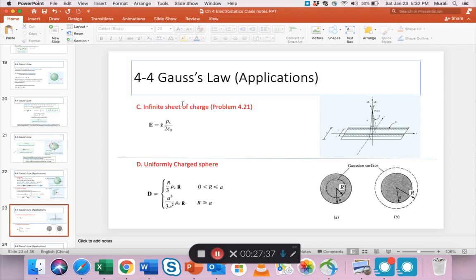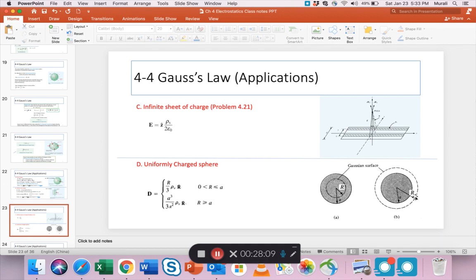For an infinite sheet of charge, here's the value of the field intensity. For a uniformly charged sphere, this is an interesting example. The sphere is fully charged all over the sphere. Now you have two situations. You want to know the D or E inside the sphere, and then you want to know the field outside the sphere, right?